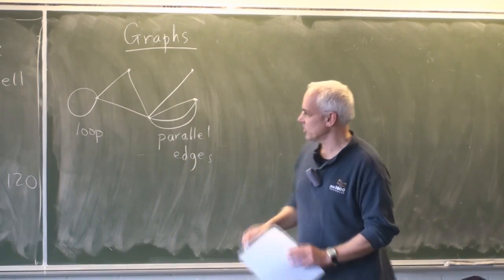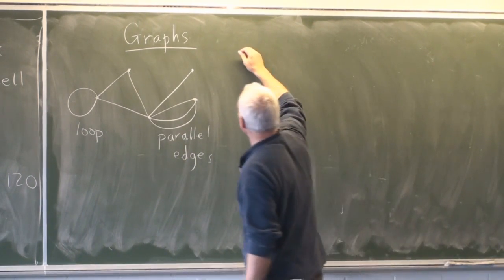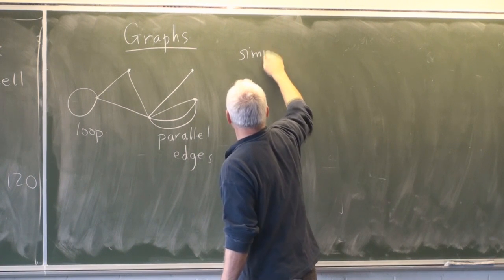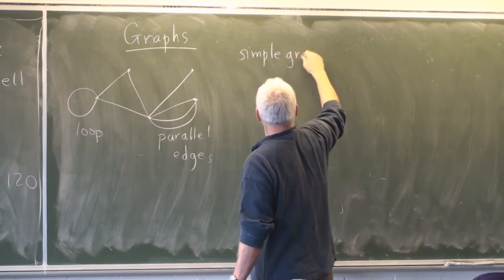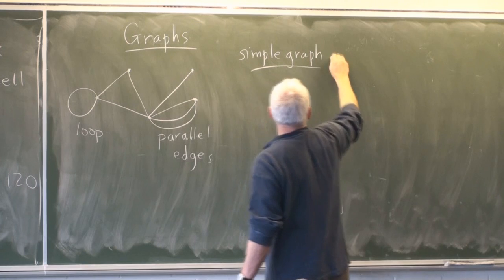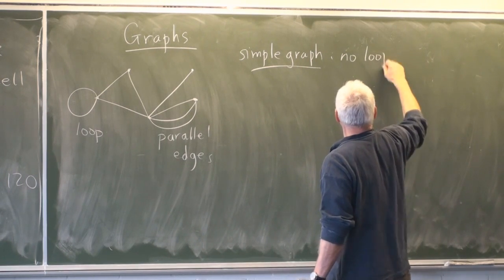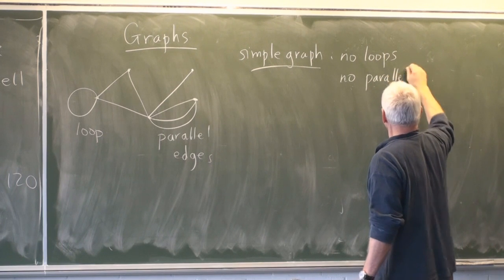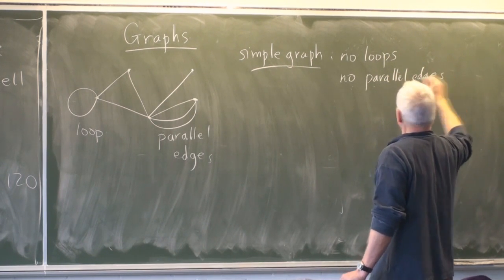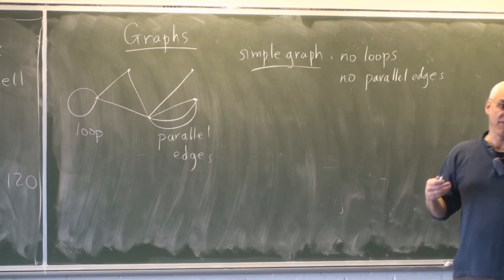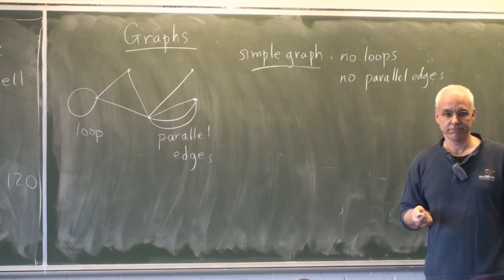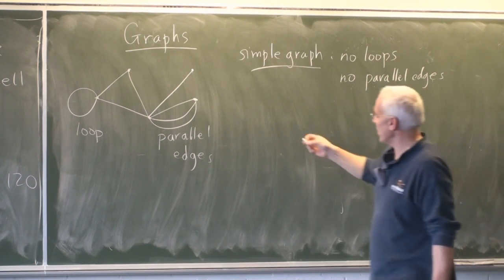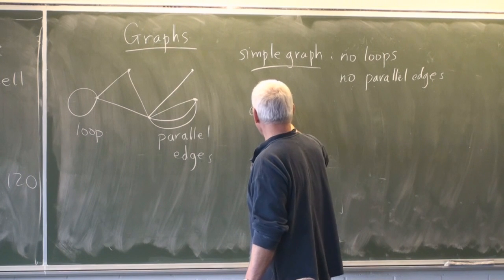Loops and parallel edges are not always what we want to talk about, so a simple graph means no loops and no parallel edges. Often when we say graph, we mean simple graph. Another convention that we often use is we assume the graphs are connected.